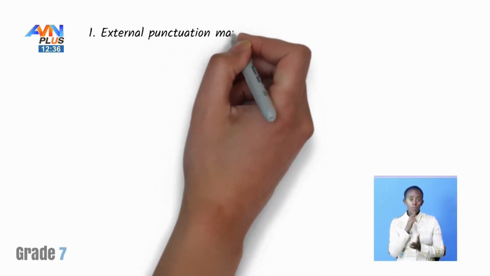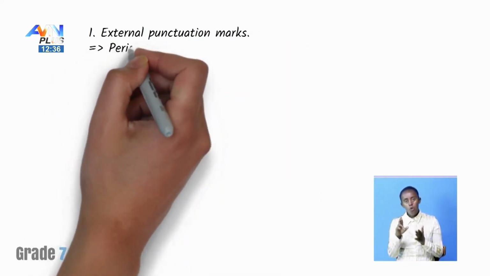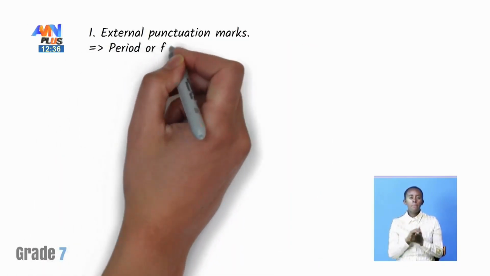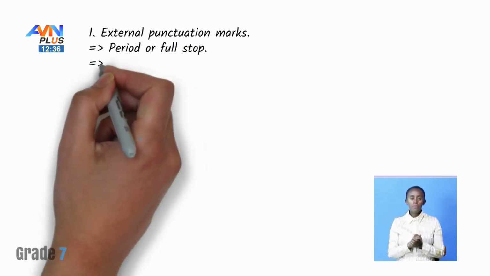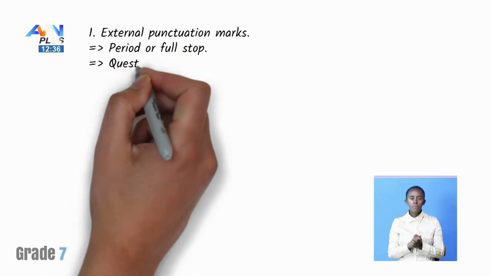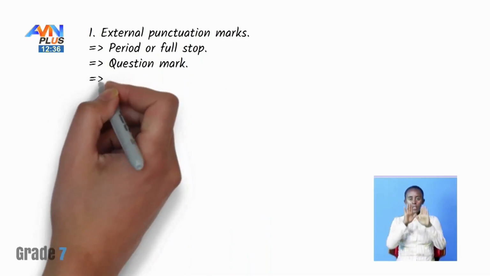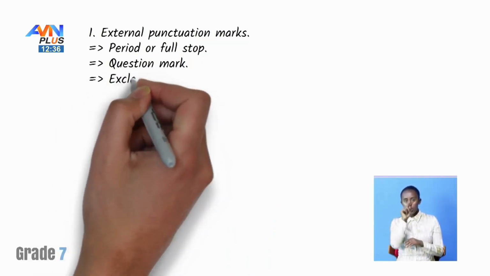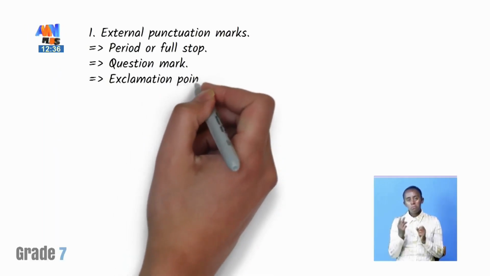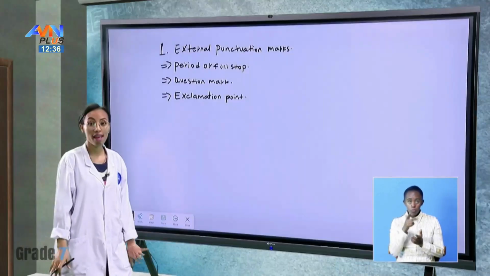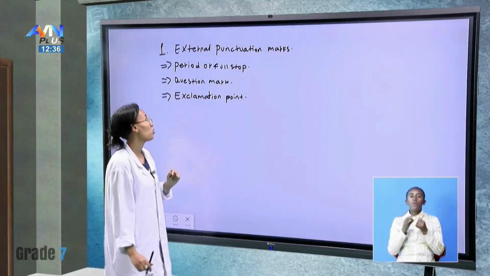They are, for example, period or full stop, question mark, exclamation mark or exclamation point. So these are what? These are externals. So we use them at the end of a sentence. We'll give a few examples.